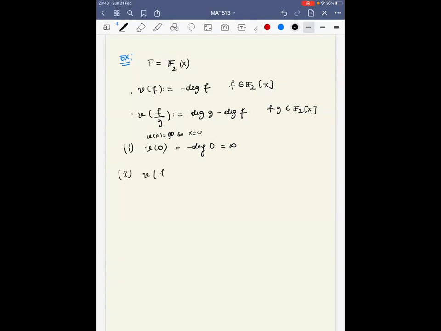And to check the second property, let me consider fractions f over g and a over b. Just applying the definitions for the rational functions, we obtain degree of g times b minus degree of f times a.